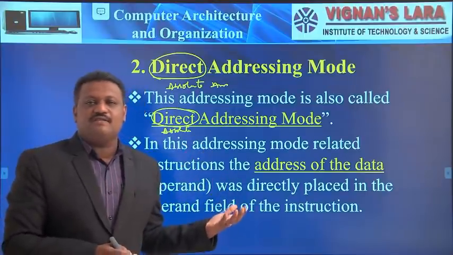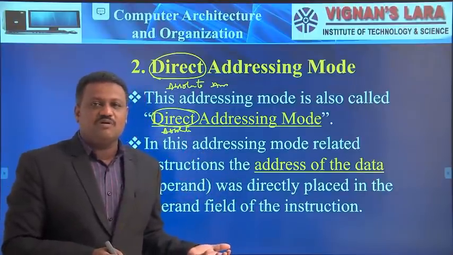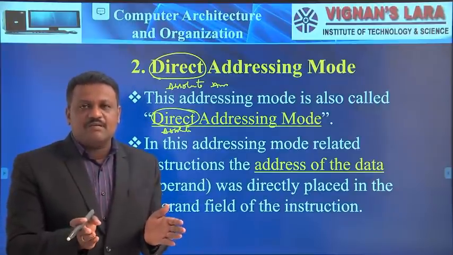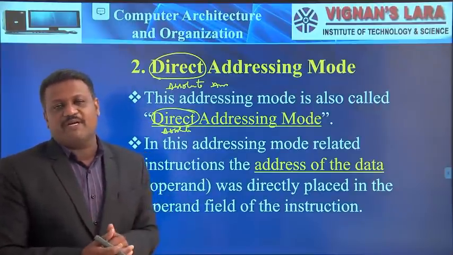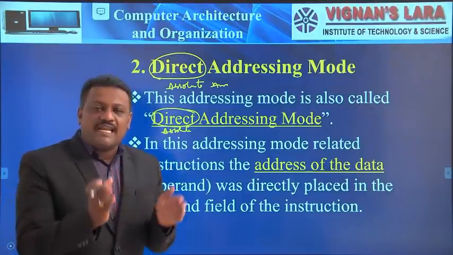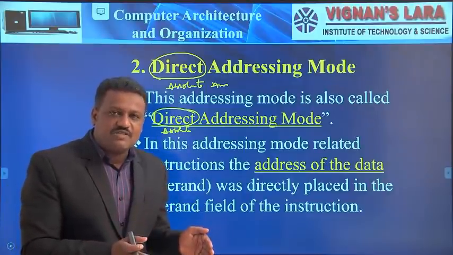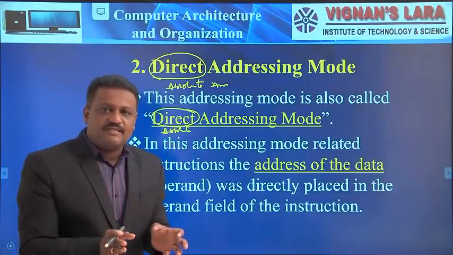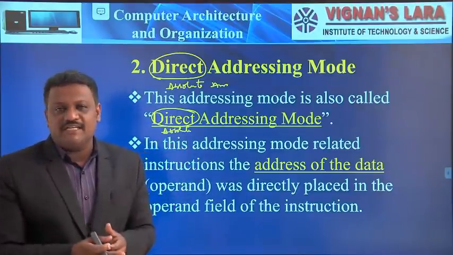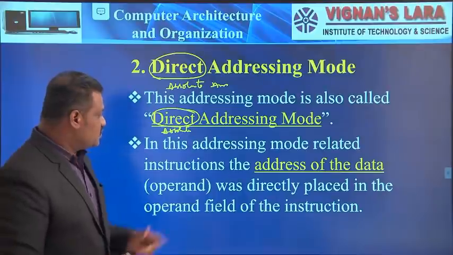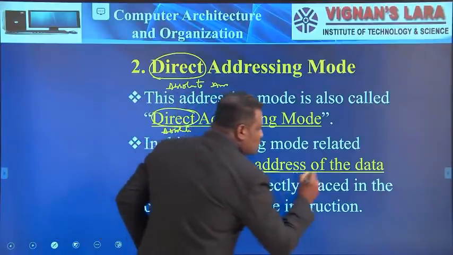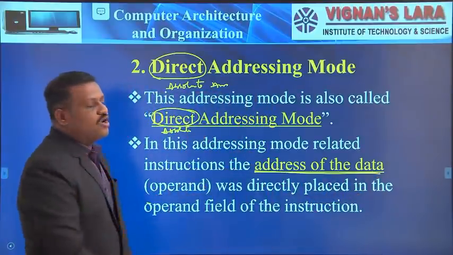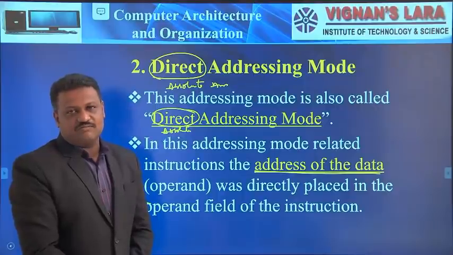In the previous addressing mode, I directly place my data in the source operand field. Instead of directly placing data in the operand field of the instruction, in direct addressing mode, I place the address of the data in the instruction operand field.